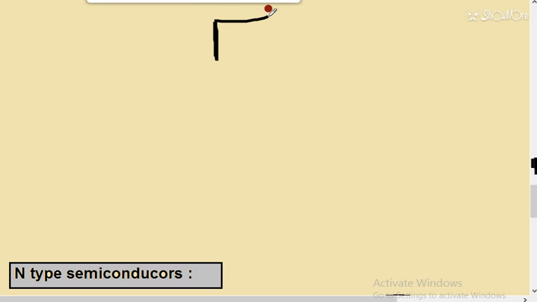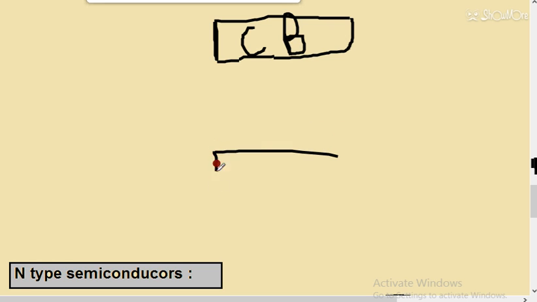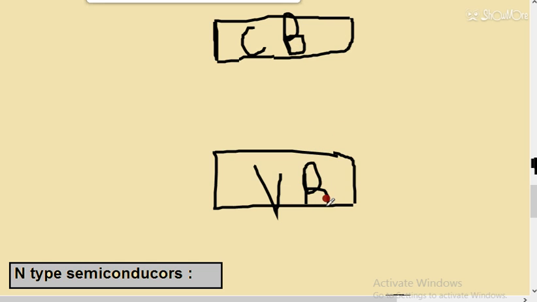This is the conduction band, so I will write it as CB, and this is the valence band.